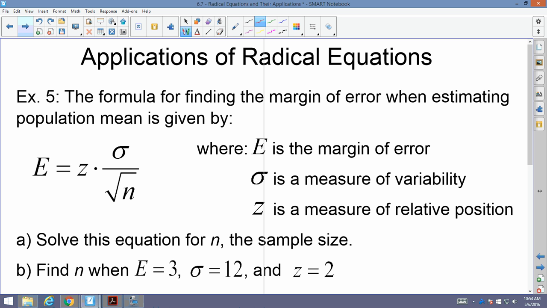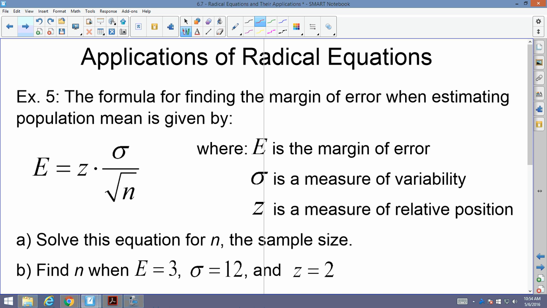Okay, now, last one. The formula for finding the margin of error when estimating population mean is given by E equals Z times sigma over the square root of n. E is the margin of error, sigma is the measure of variability, and Z is the measure of relative position.